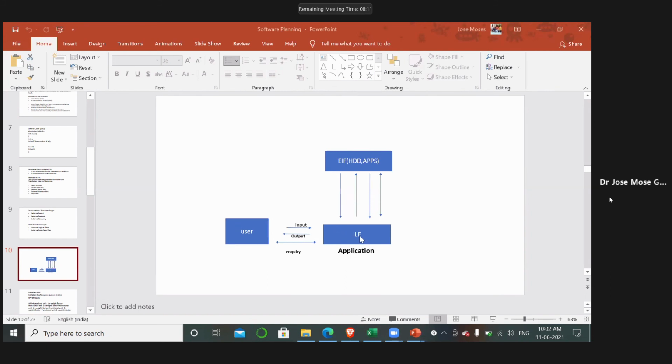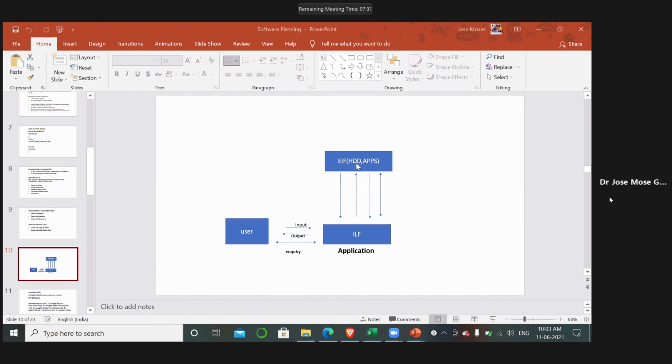Okay, and these interactions, these inquiries, these inputs and outputs are stored in the file management system. So user, input, output, inquiry, and this is an interface or application. Whatever inquiries come to the interface or application, and whatever outputs are sent from the application to the user, all those things will be stored in a file.